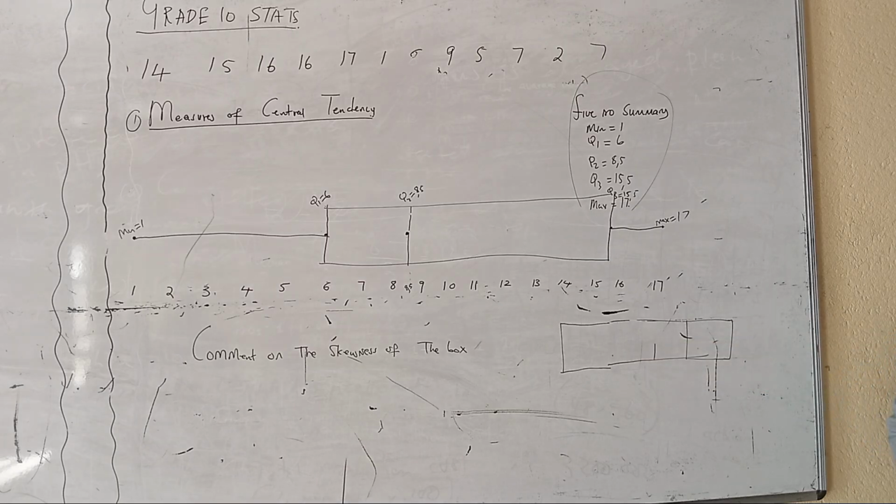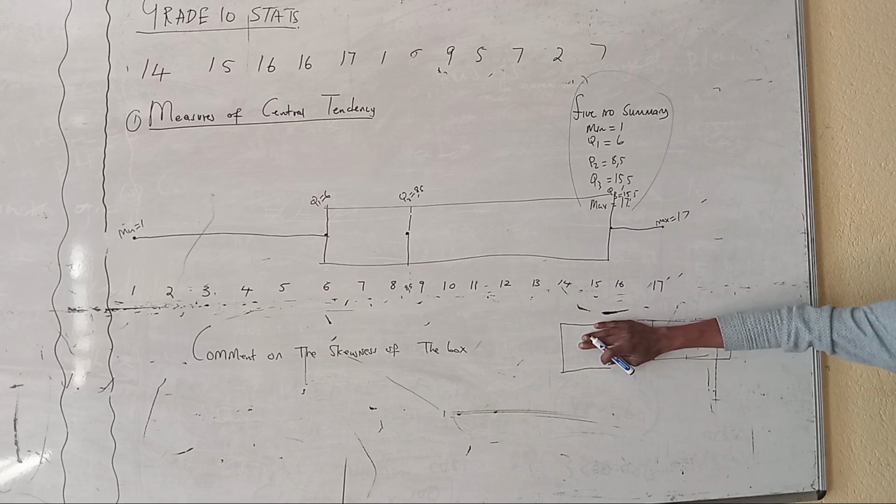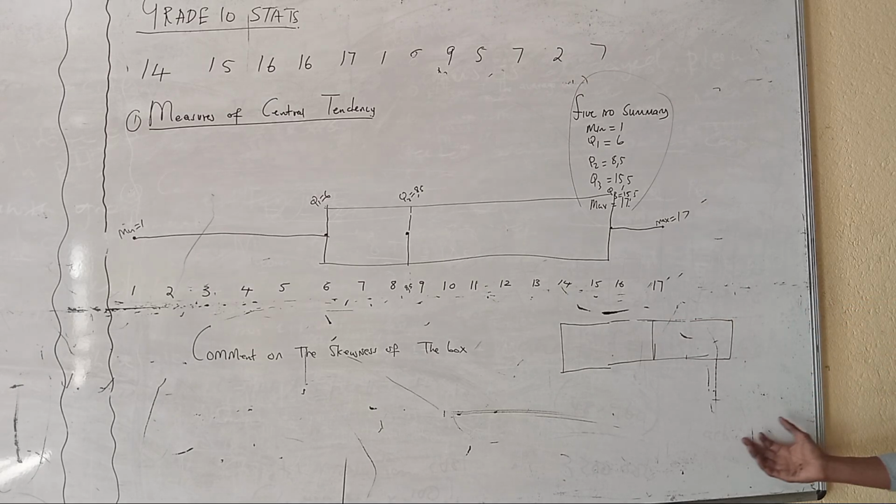In another instance, the box can be symmetrical, if the median is at the middle. If this portion equals this portion, we say the box is symmetrical. So the box can be skewed to the right, skewed to the left, or symmetrical. You need to be able to comment on the skewness of the box.